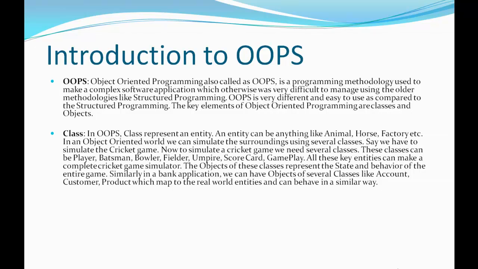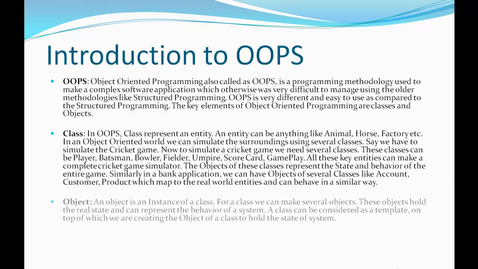This behavior can be that a bowler is a fast bowler, etc. Similarly, in a bank application, we can have objects of several classes like account, customer, product, which map to the real-world entities and can behave in a similar way.